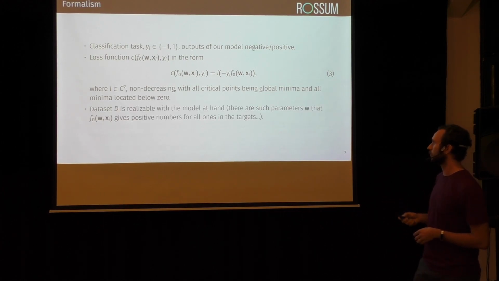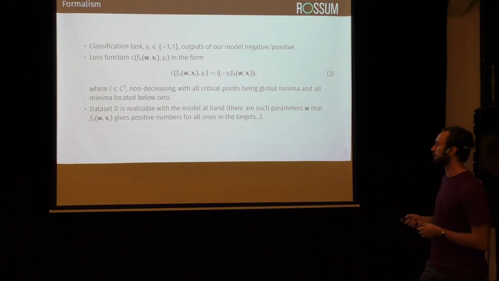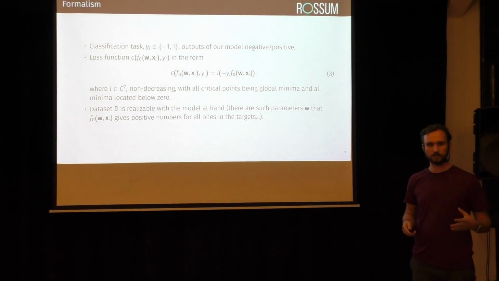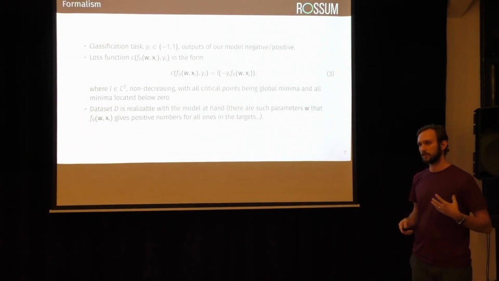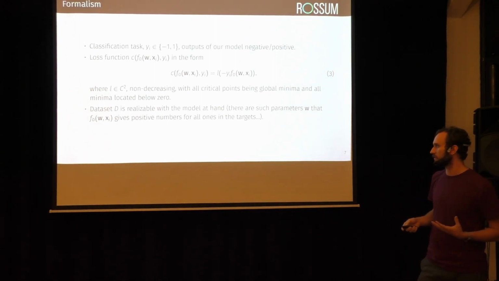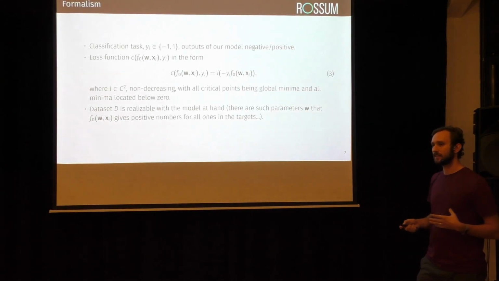One last assumption for the model they give is that the data set is realizable with the model. So that means that there exist such parameters that the model would classify all the examples correctly. That's quite a strict assumption because in real-world data sets, you're going to have exactly the same input vectors with different targets, right?